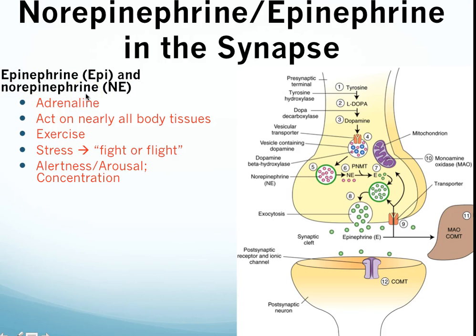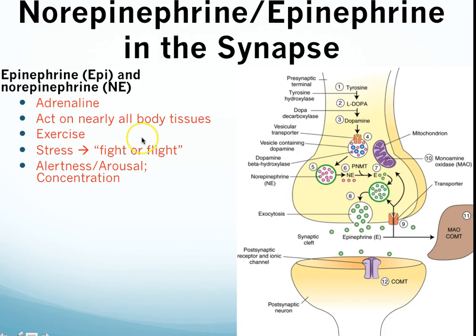So these neurotransmitters work on basically everything in you. All of your body tissues respond to these neurotransmitters. Anytime you're exercising or you're scared or you're excited about something, you hear this as the fight or flight response. So a giant bear tries to attack you, you go, oh my god, giant bear, I have to run away, right?